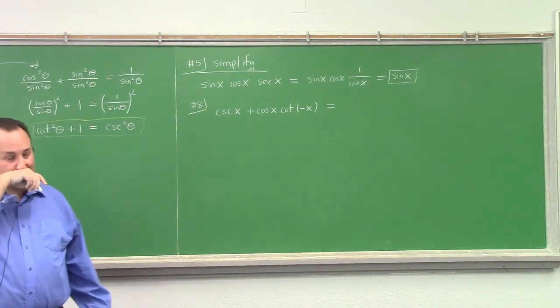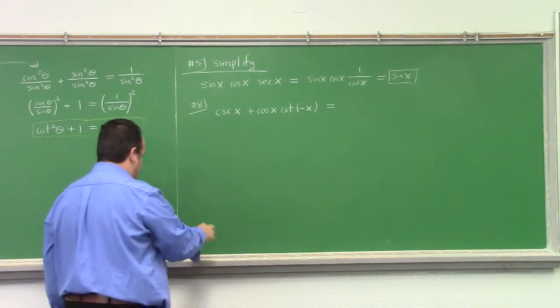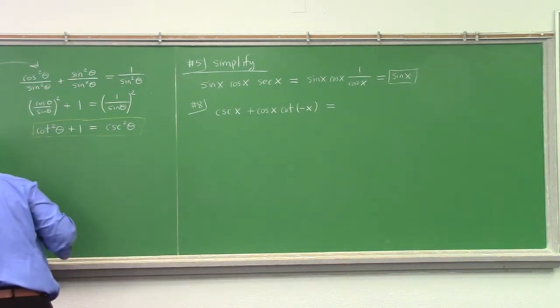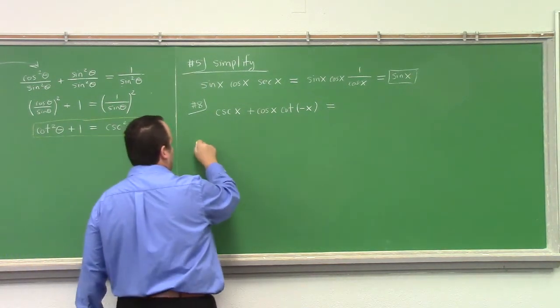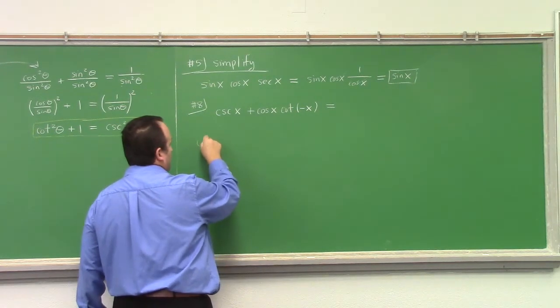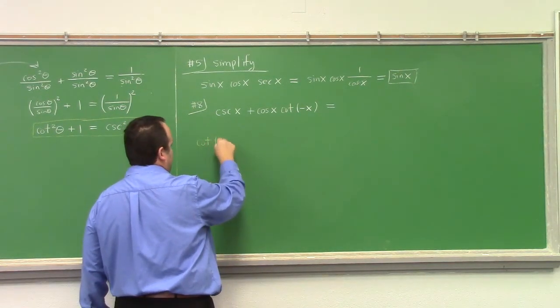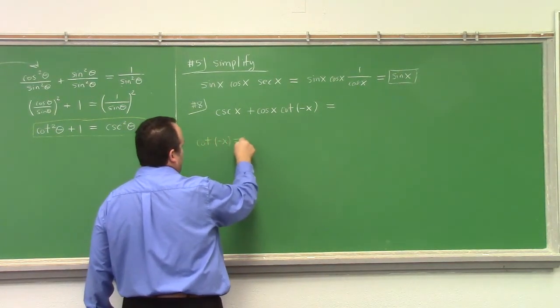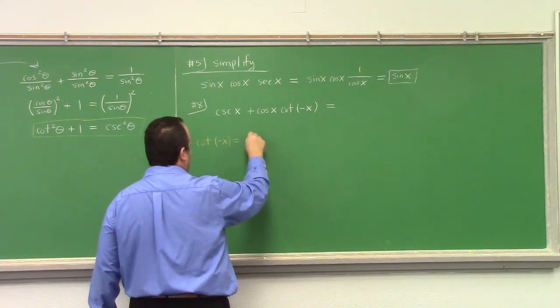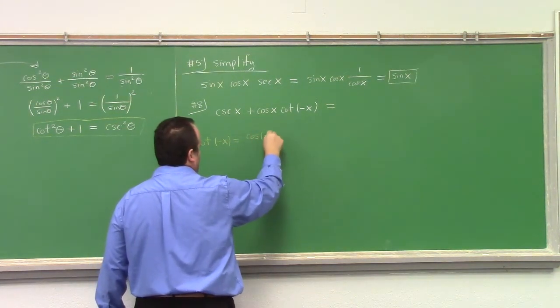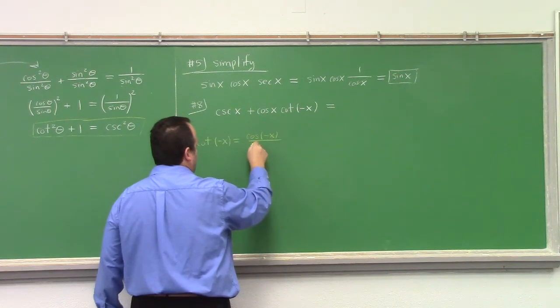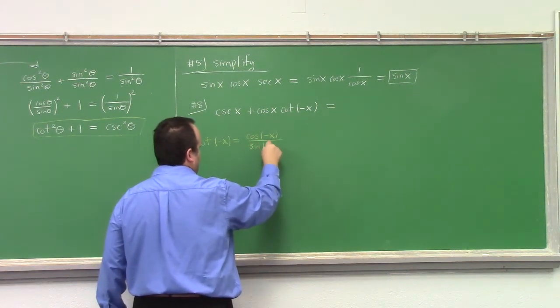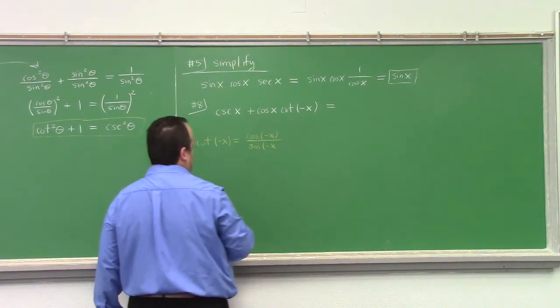Cotangent is what? It's 1 over tangent. That's true. I'm going to go a slightly different direction, though. So this would be cosine of minus x over the sine of minus x, right? Because cotangent is cosine over sine.